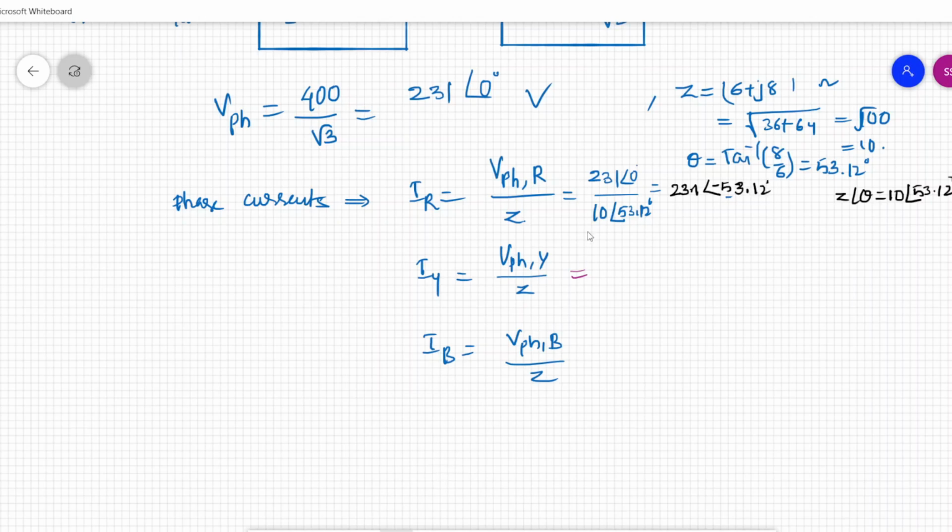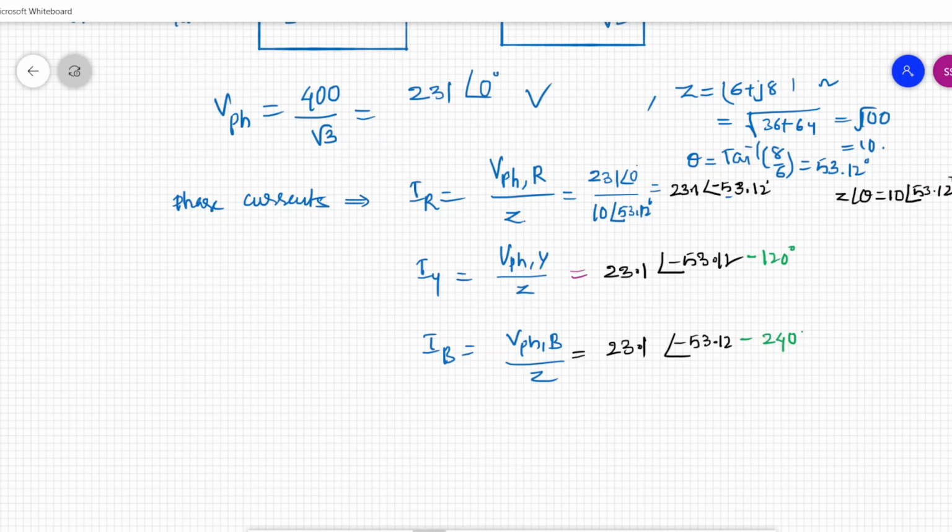Now what will be the current for Y phase? The current will be same for Y phase also, but it will be lagging the R phase current by 120 degrees, that is minus 120. The angle will be different. Similarly, in the case of B current, 23.1 minus 53.12, and it will be lagging the R phase current by 240 degrees, or leading the current by 120 degrees.